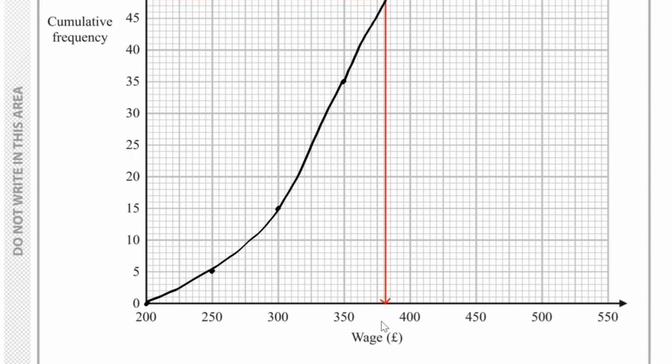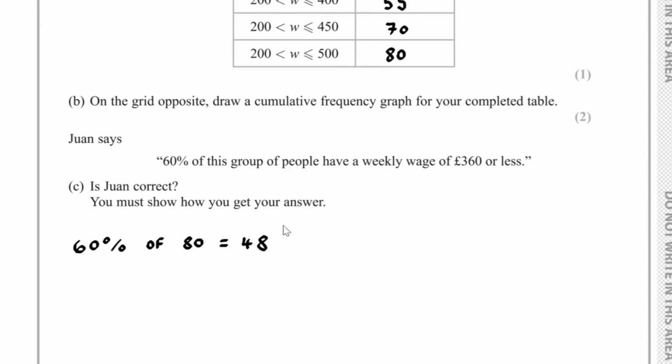The value here is around 380. So this corresponds to a wage of 380. Now, because this doesn't equal the 360, which is what's mentioned here, we can therefore conclude that Juan is incorrect.